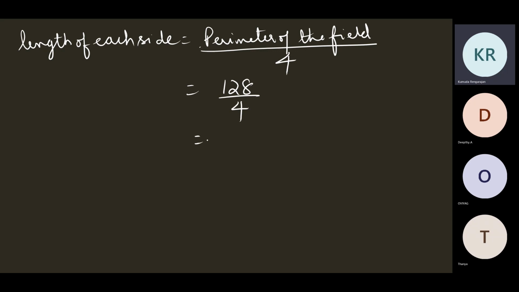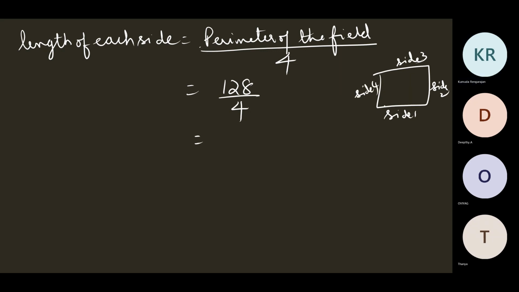Because it's a square field, all the four sides are equal. See here. Side 1 plus side 2 plus side 3 plus side 4. The total length is 128. All the sides are equal. So each side will be 128 by 4.